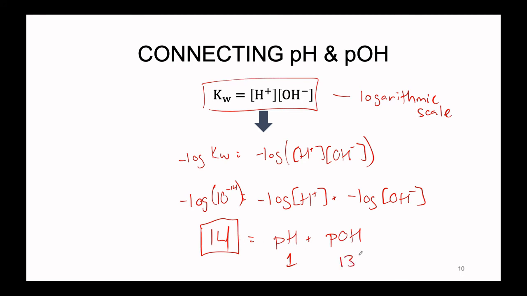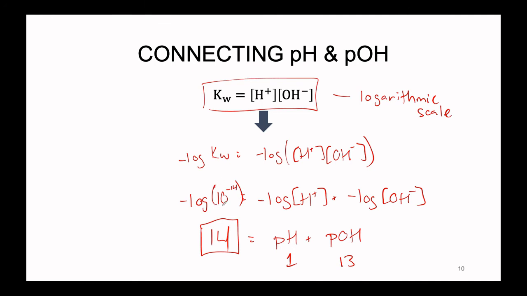This tells us that our pOH has to be 13. Both of these numbers then also tell us what the concentration of our species is. The concentration of H plus in this hypothetical example will be 10 to the negative 1, and the concentration of our OH minus is going to be 10 to the negative 13. This again balances with our equilibrium constant being 10 to the negative 14.